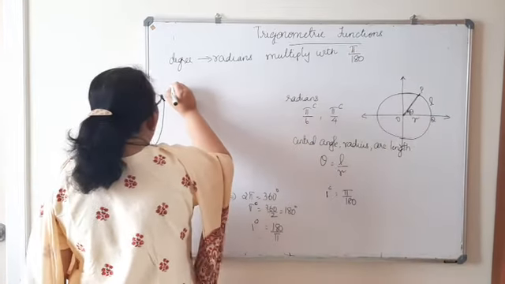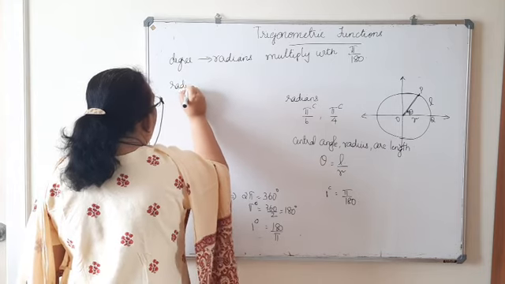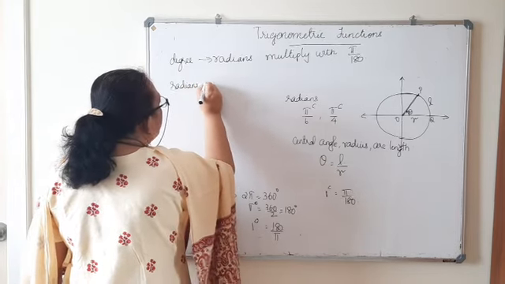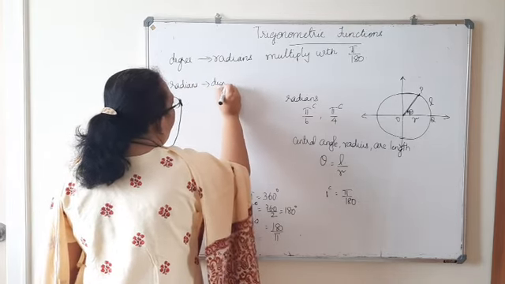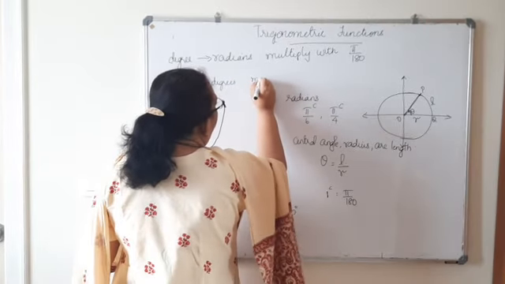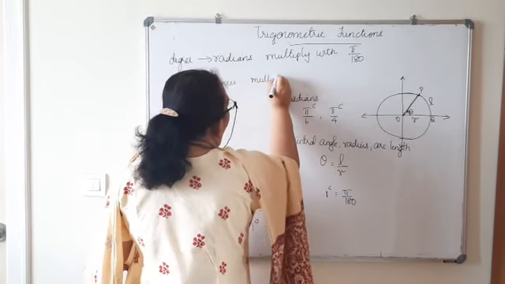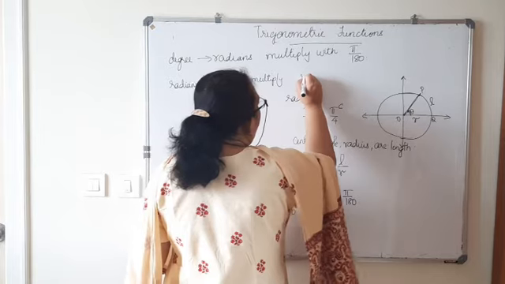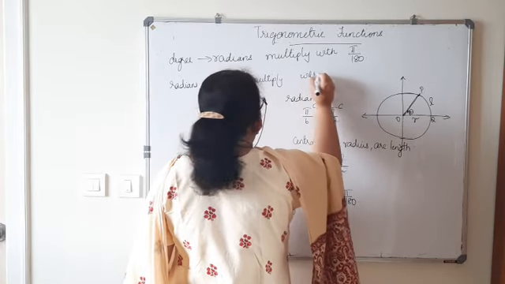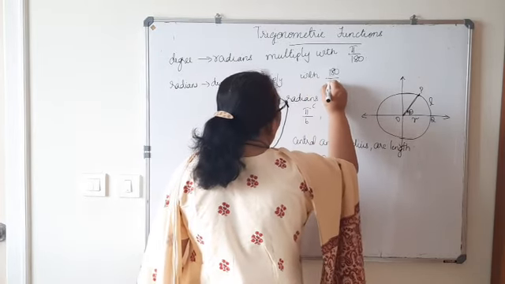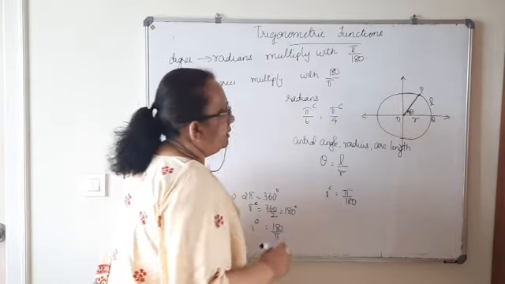If you want to convert radians to degrees, multiply the angle with 180 by pi.